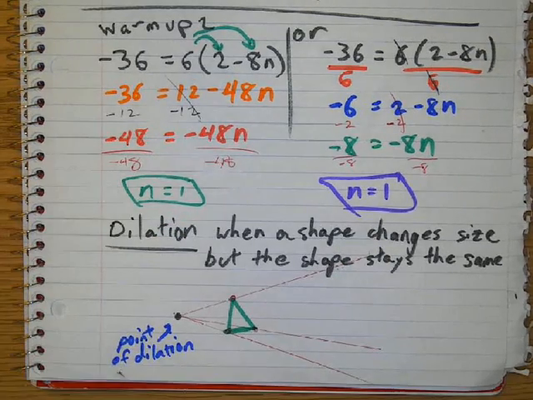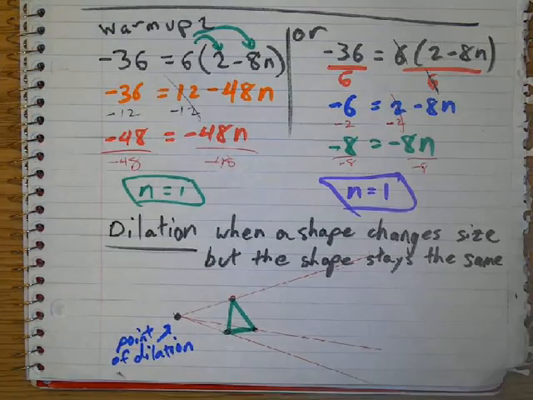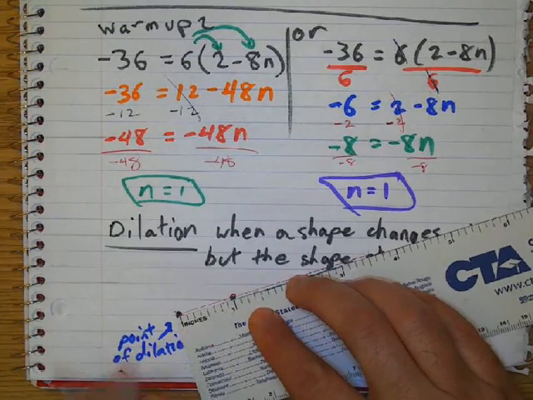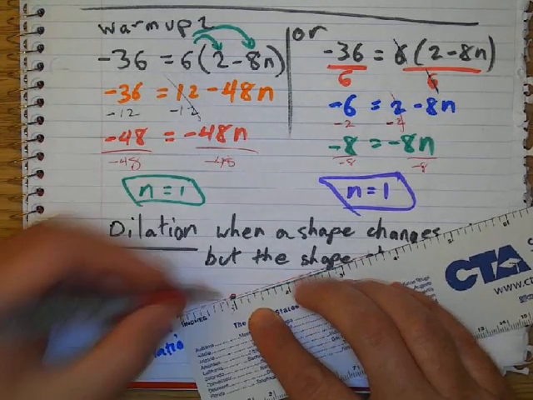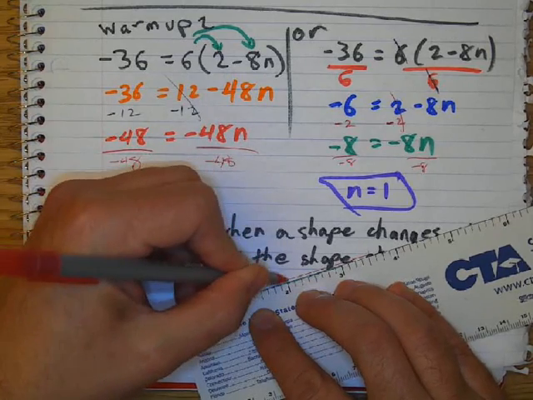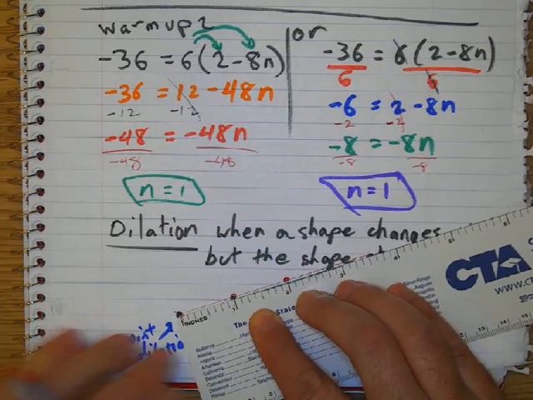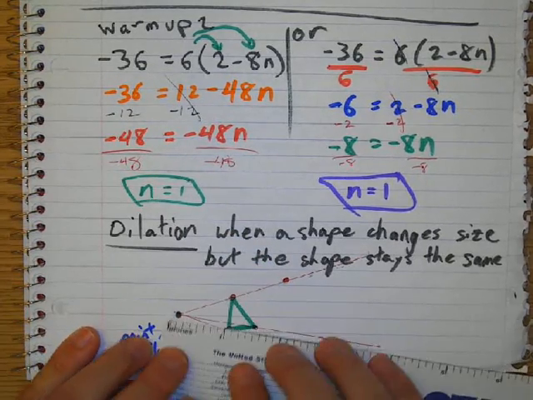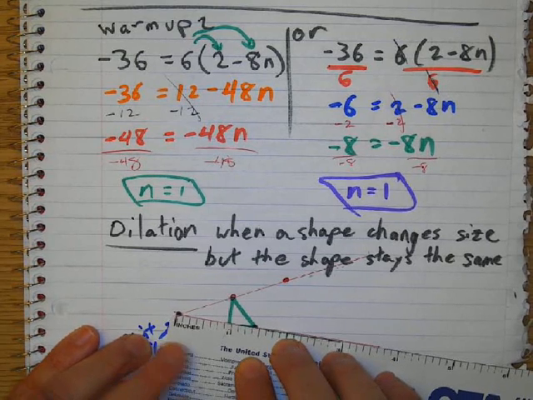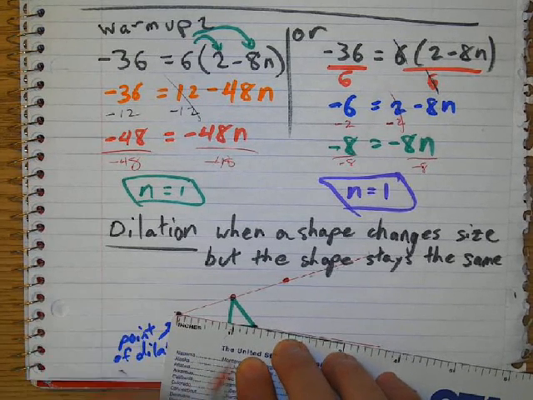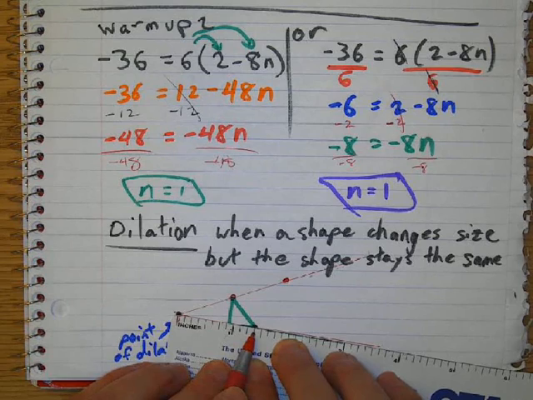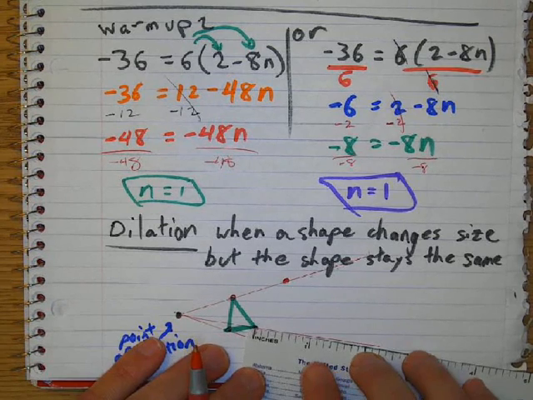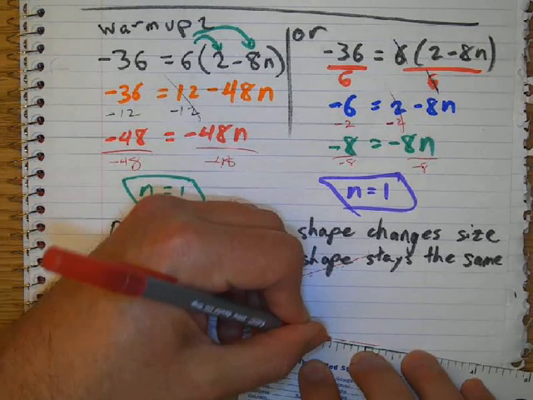Okay, and now I'm going to measure the length from here to here. So from here to here I've got an inch, so I'm going to go that same distance out because I want to make a dilation twice the size. So from here to here, it looks like it's about an inch and 3/8, so I'm going to go about an inch and 3/8 again.